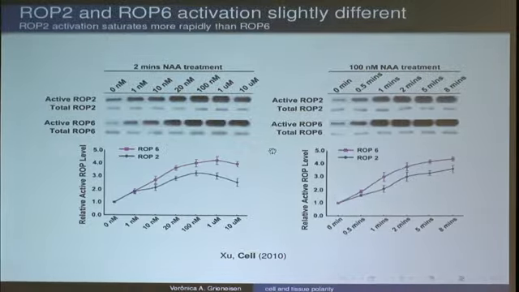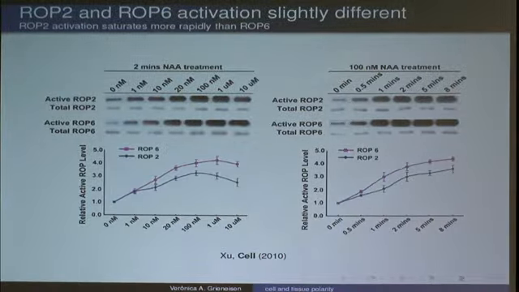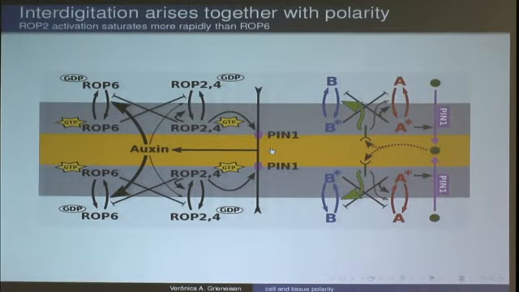So we looked back at the profiles of how ROP2 and ROP6 were being activated by auxin, and we realized that although both of them get activated, the ROP2 activation saturates more rapidly than ROP6. So this ROP6 pathway is asymmetric. It gets a little bit more advantage from auxin than ROP2.